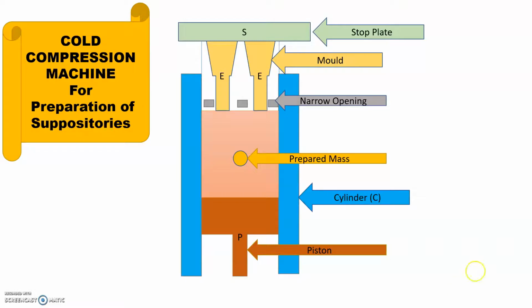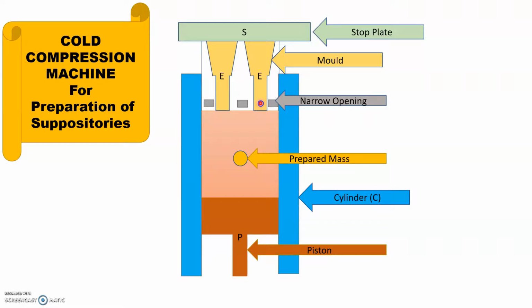Now, after the prepared mass is placed in the cylinder, by application of pressure by the piston, the prepared mass passes through the narrow openings and into the mold.